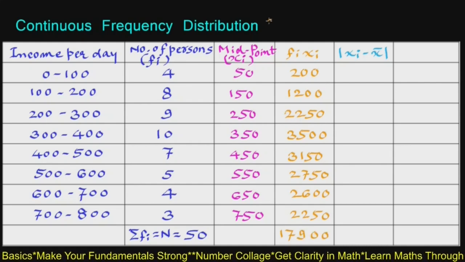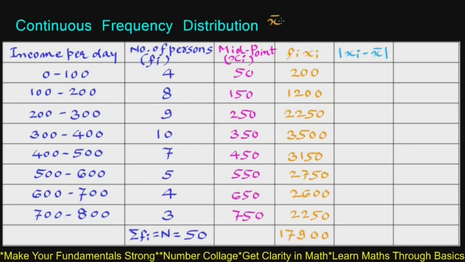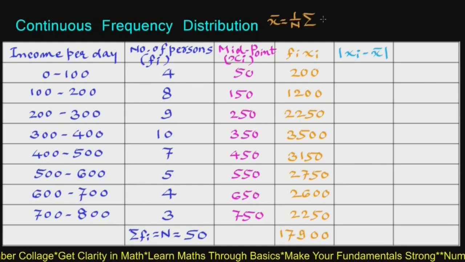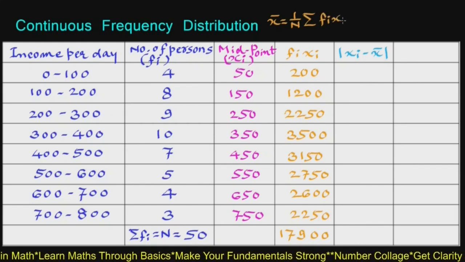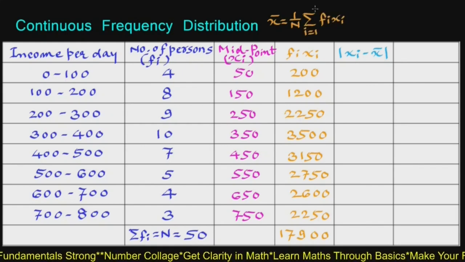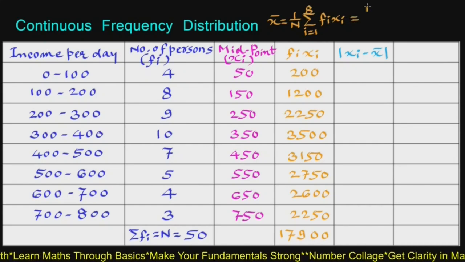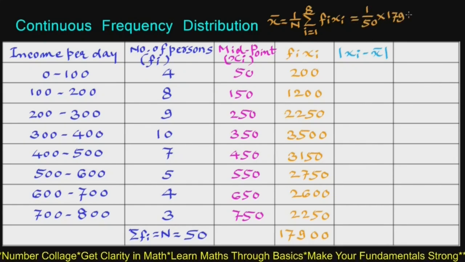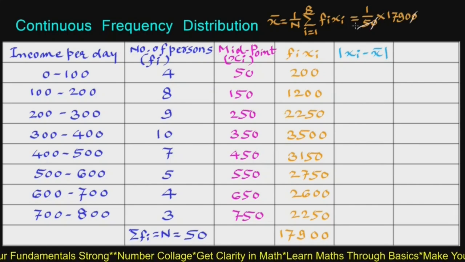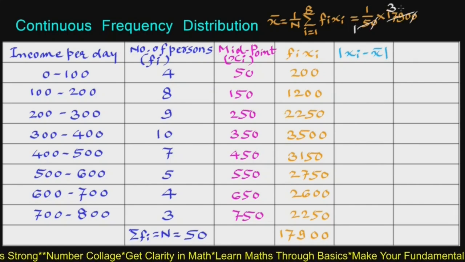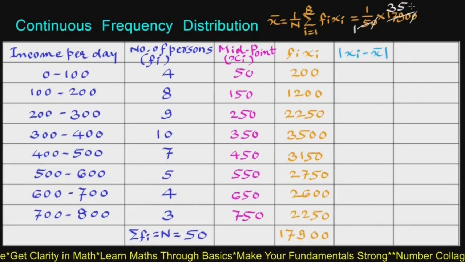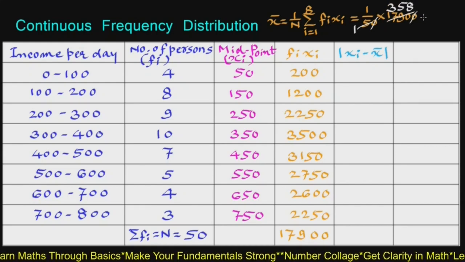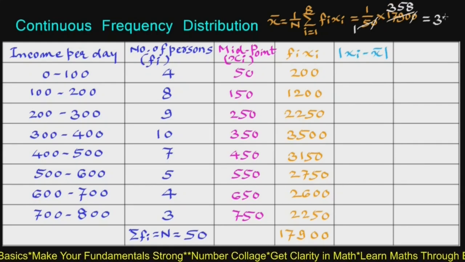We will find x bar by the formula x bar equals 1 upon n summation fi xi, where i runs from 1 to 8. This will be 1 upon 50 multiplied by 17900, cancelling 0, 5 ones are 5, 5 threes are 15, 5 fives are 25, and 5 eights are 40. So we get the mean to be 358.